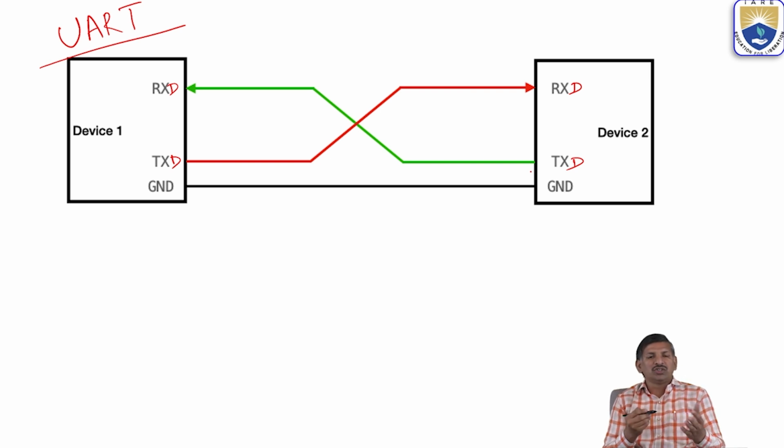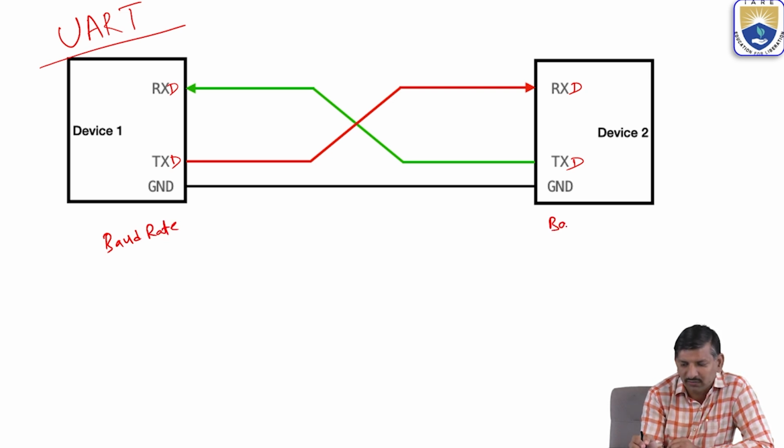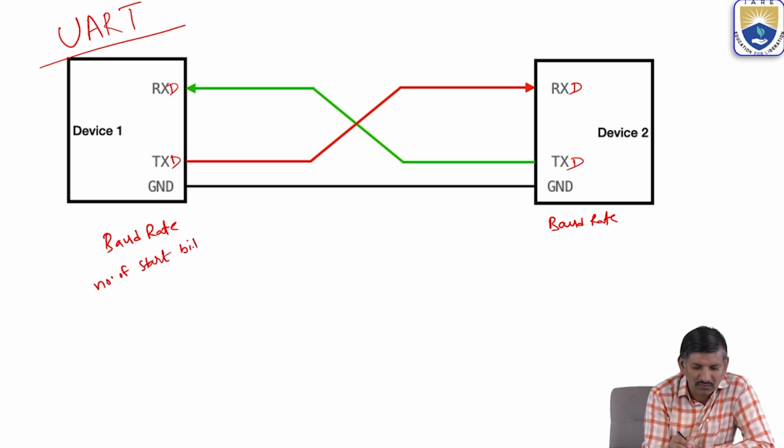Before the device shares the information, it sets the common settings: baud rate, number of start bits, stop bits, and number of parity bits.